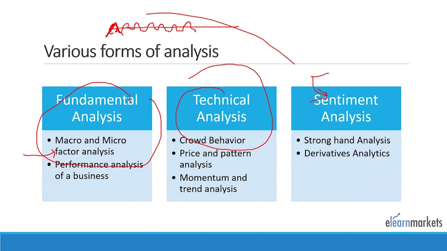If bigger guys are saying that this stock is in total control of the bulls, you better buy that stock first. If the bigger guys say that this stock is in total control of the bears, you better sell that stock first. So derivative analytics is all about trying to figure out what kind of position is there in the market, whether that stock is in the control of the bulls or the bears.